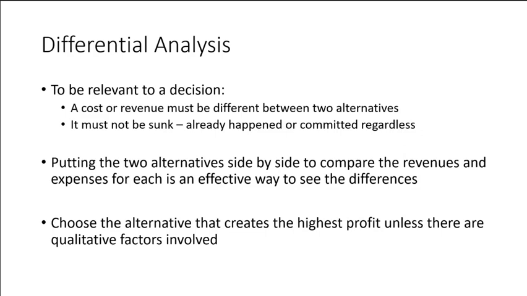It may look profitable, but there may be qualitative factors involved, like damage to our reputation if we go forward, or some other issue that may impact our standing in the eyes of our customers or our employees. It might hurt employees, even though it may look like it makes us more profitable. We may choose not to do it based on those types of qualitative factors.